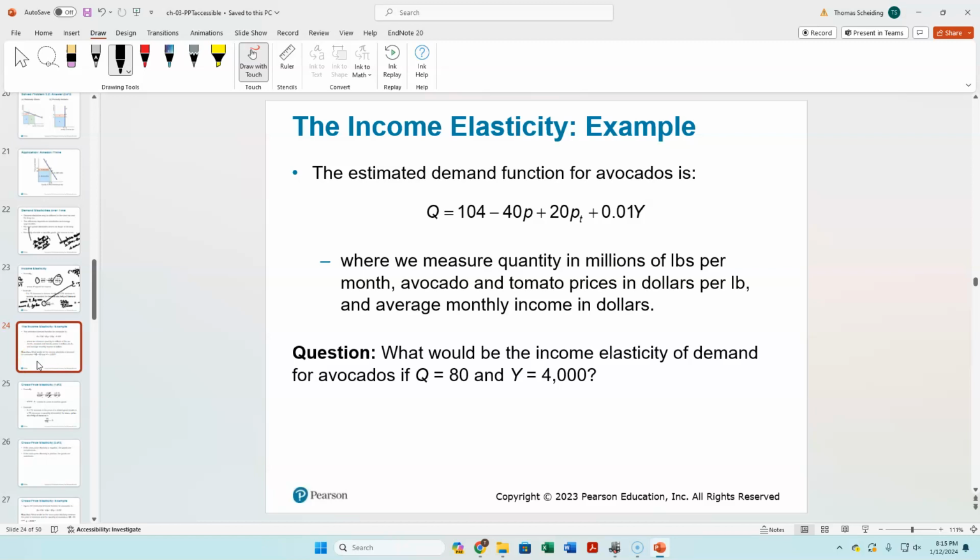Darn it. Okay. So now we're being asked to calculate what the income elasticity of demand is at Q equals 40, Y equals 4,000. Well, what we would need to do here is do our substitutions.